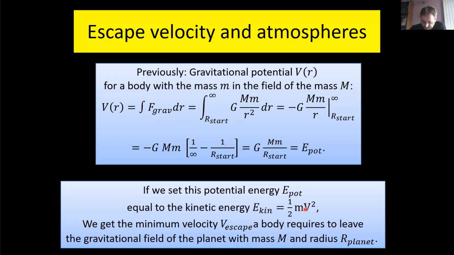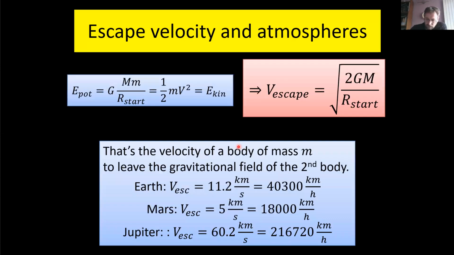That cancels away because we have it on both sides. To escape a body of the big mass capital M from a given height. This is our escape velocity.